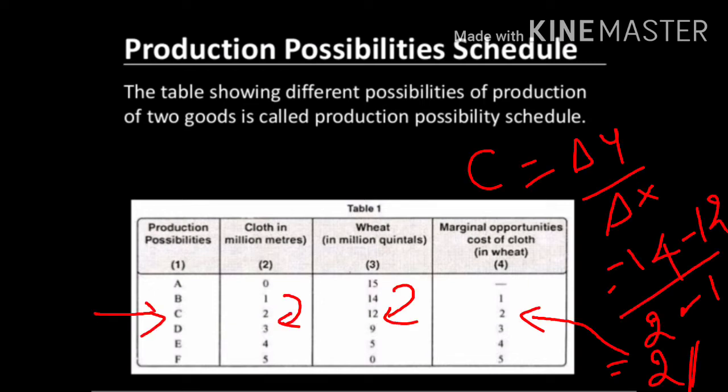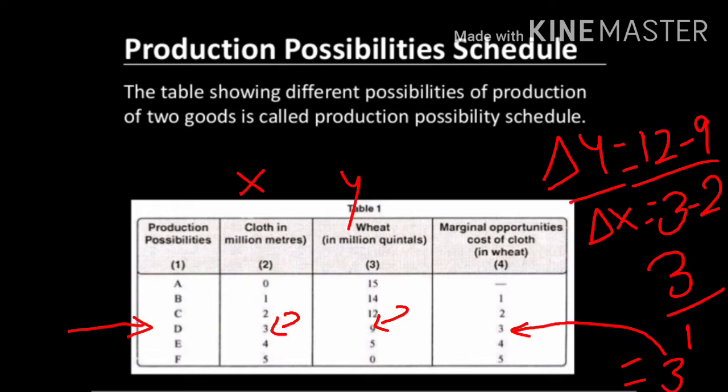In combination C, if we take the change in wheat production, that is from B to C, it is 14 minus 12, you will get 2, and the change in cloth, that is cloth production increased by 1 to 2, there also the change is 1. So 2 divided by 1, you will get 2.